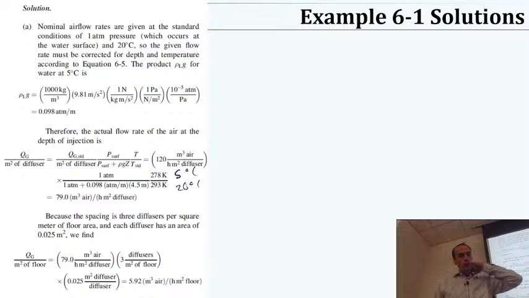Okay, so at the end of all that, we get 79 cubic meters of air per hour per square meter diffuser space.